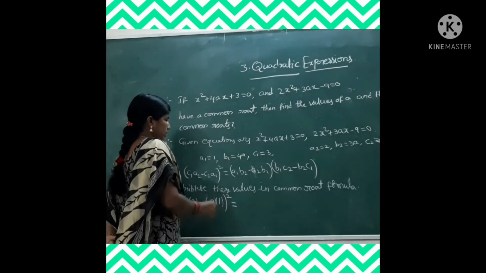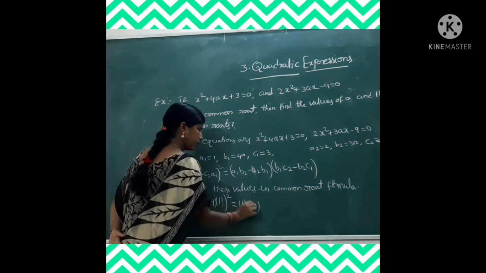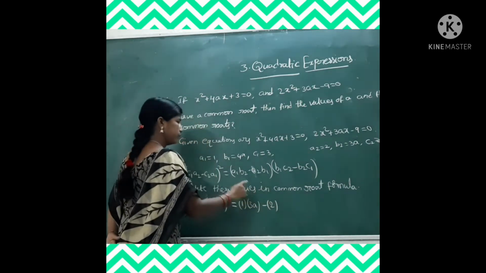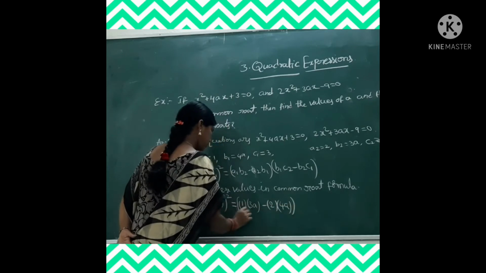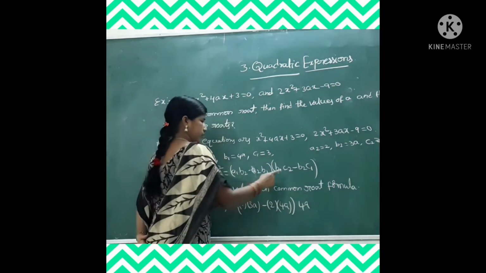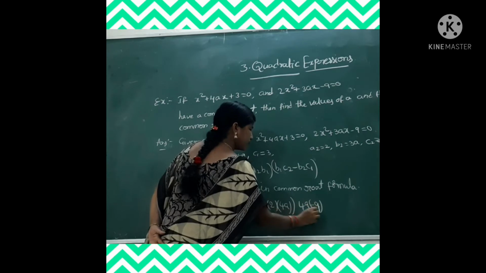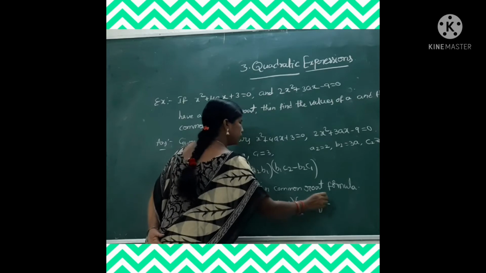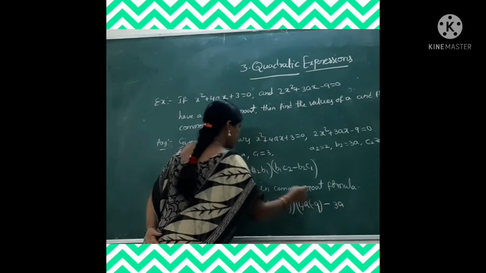Is equal to a1 which is 1, b2 which is 3a, minus a2 which is 2, b1 which is 4a, and b1 which is 4a, c2 which is minus 9, minus b2 which is 3a, and c1 which is 3.